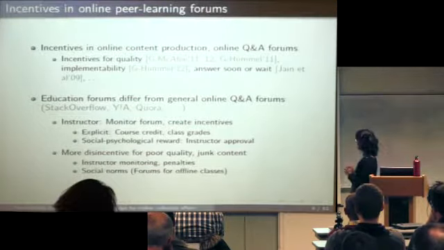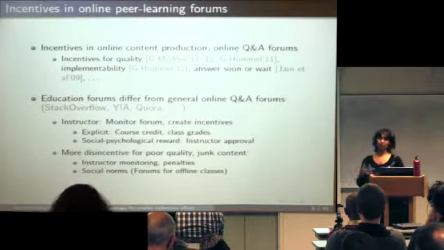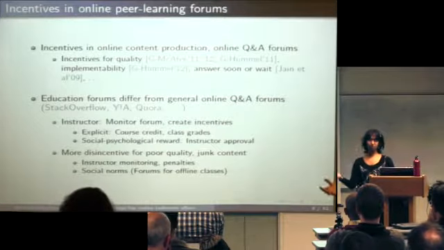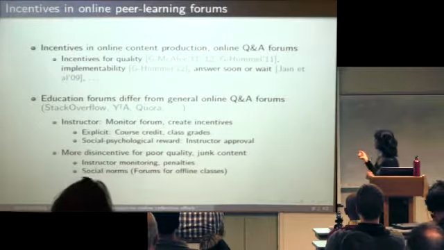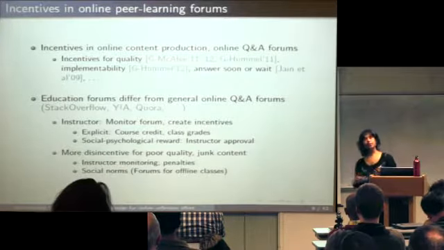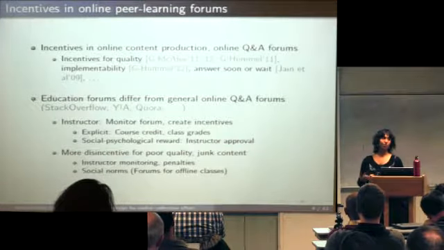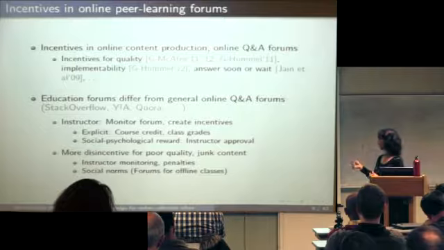That's nice. It's not a bad thing when anyone finds you helpful, especially an authority figure. It could also be a social psychological reward from your fellow contributors in the forum. And all of this also creates more disincentive for poor quality and junk content, because of course the instructor could penalize you heavily for just producing junk. And also there are social norms.